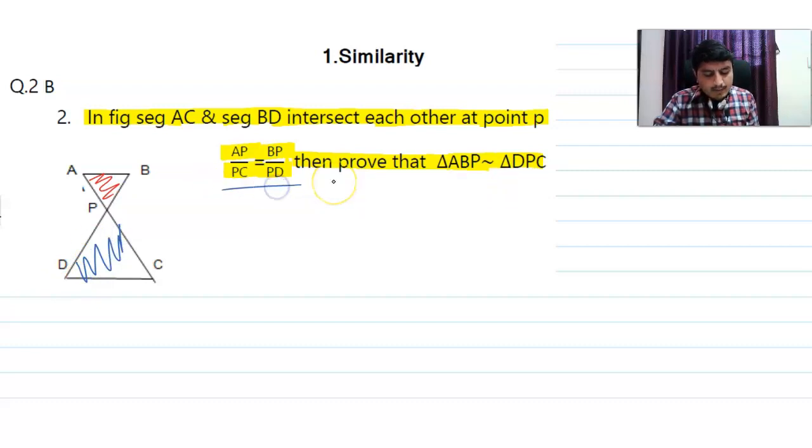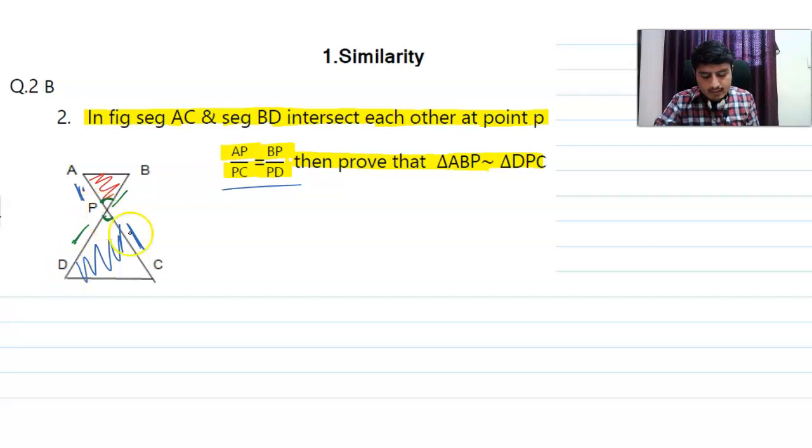We are given AP divided by PC equals BP divided by DP. That means two corresponding sides of the given triangles are in proportion. Once AC and BD intersect at point P, vertically opposite angles are formed and they are congruent.